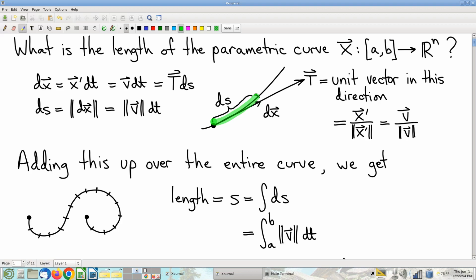The first object related to this to consider is what I'm going to call the dx vector. And keep in mind that x is a function of t. The dx vector means x is a function of t, and dx is my linear estimate of how much that position x changes.